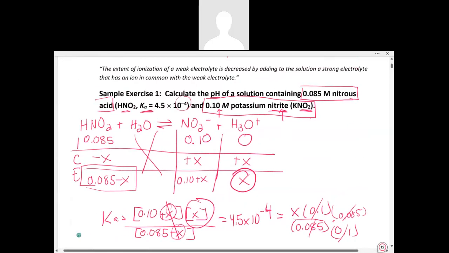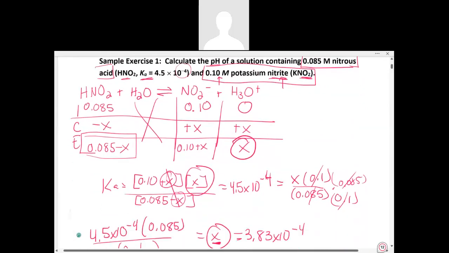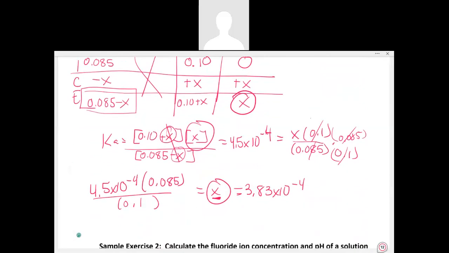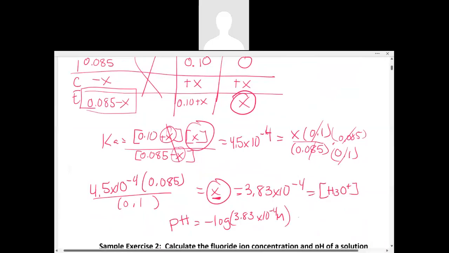So we're asked to find pH. So this would be the value that we use to plug into our pH expression. Remember, that's the negative log of the hydronium ion concentration. So that's what we have here. So 3.83 times 10 to the negative 4 molar for concentration. And we get this is equal to about 3.42.